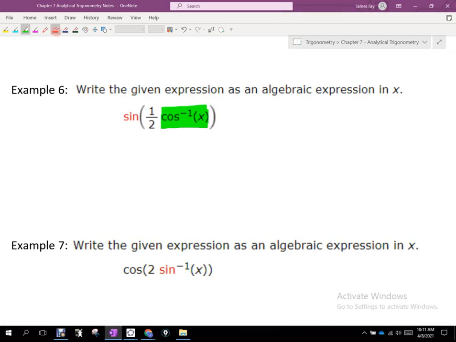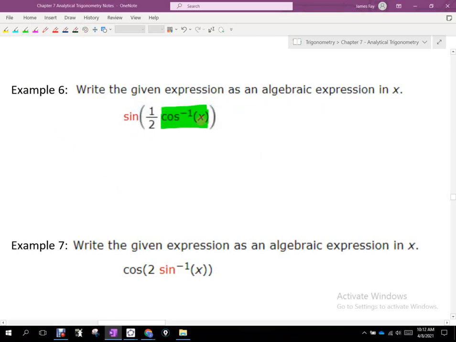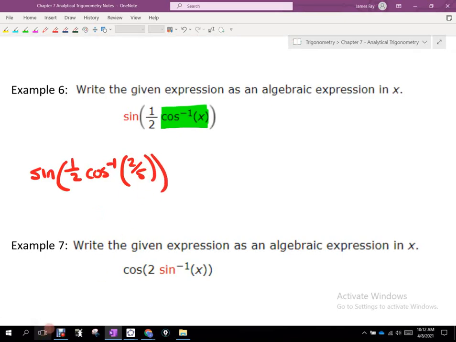I think it makes sense to grasp that idea by doing a problem where X is not general. So let's say I give you sine of 1/2 cosine inverse of, let's just say, 2/5. That is now a specific ratio, correct?